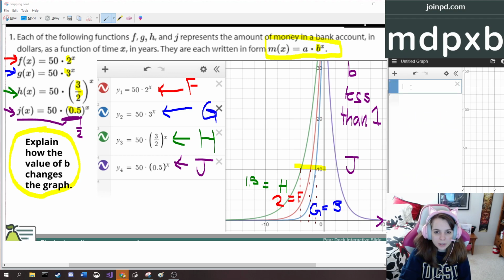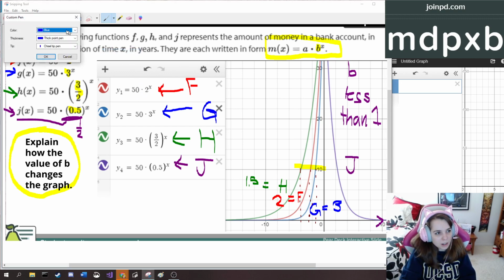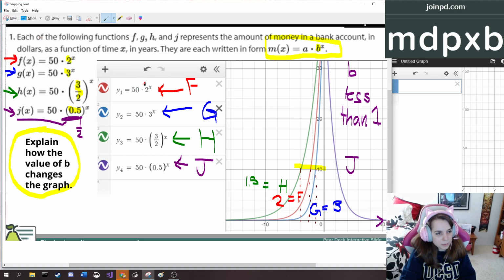So, if we look at these, we know that F is supposed to be growing faster because 2 is bigger than 1 over 1.5. And we know G is supposed to be growing faster than 2 because when you triple something, it's going to grow a lot faster than 2.